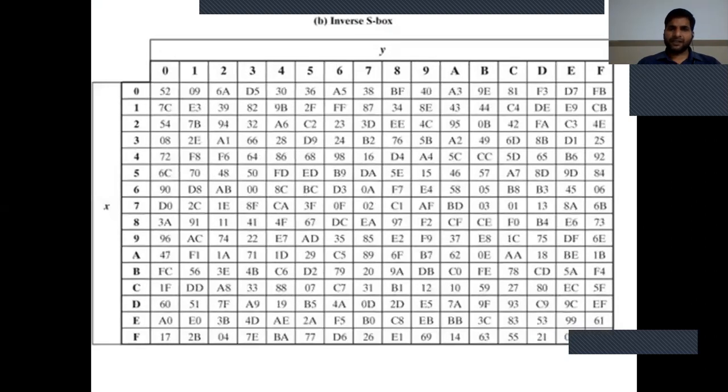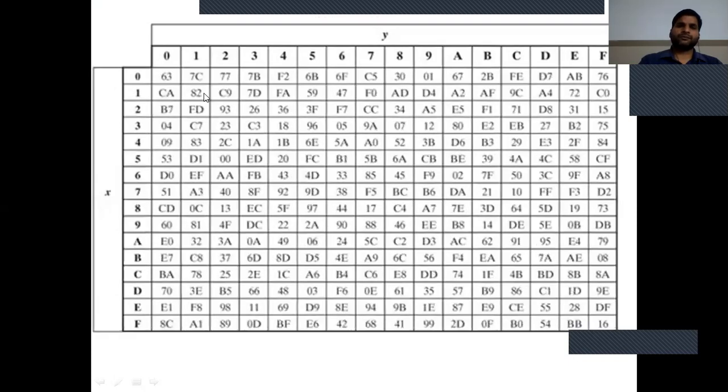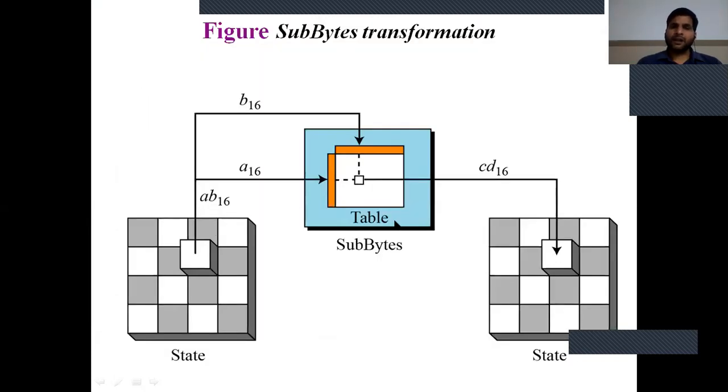For the inverse S-box, if the input is 0 and 1, after performing the inverse S-box we write the value 0 in that place. After performing SubBytes, we store the values from the given table.